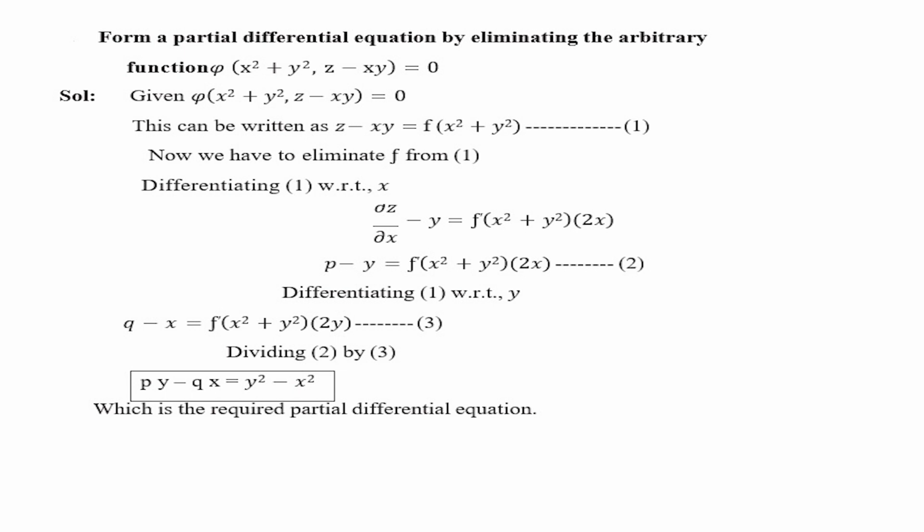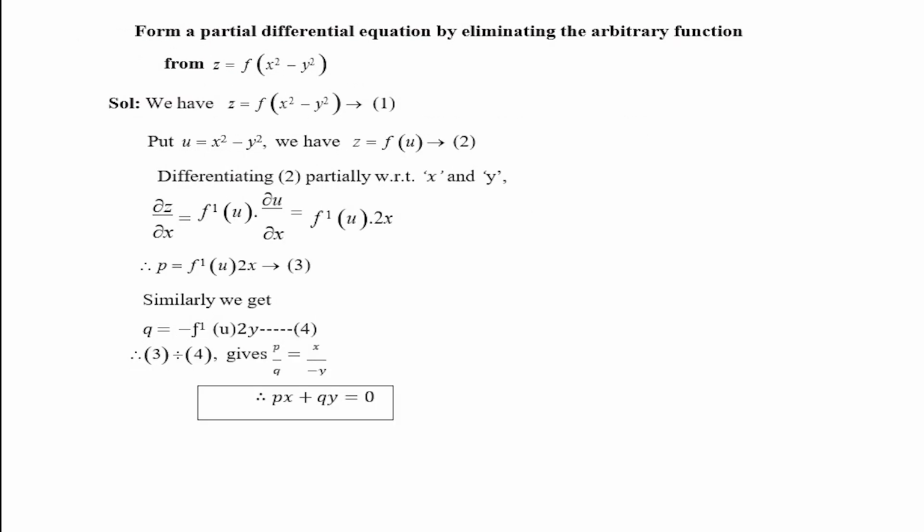We get p minus y by q minus x equal to f dash of x square plus y square into 2x divided by f dash of x square plus y square into 2y. Here f dash of x square plus y square into 2 gets cancelled. The remaining thing is p minus y by q minus x equal to x by y. And we have to solve this one. Finally we get py minus qx equal to y square minus x square, which is the required partial differential equation.